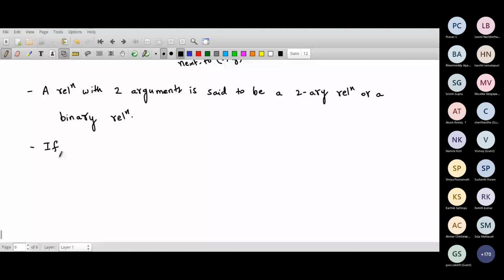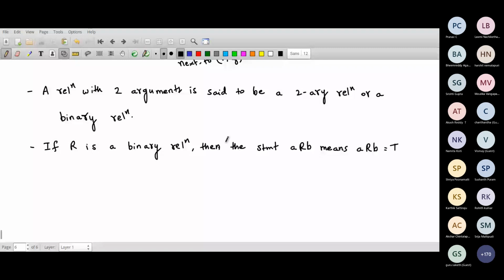If R is a binary relation, then the statement A R B means A R B equal to true.